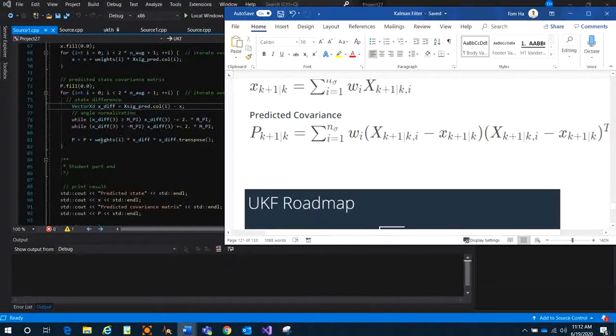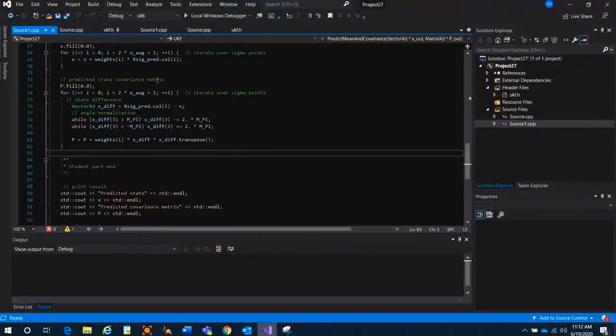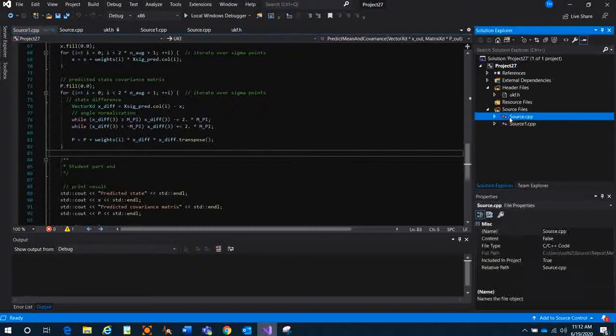You put everything into this formula, with S and the weights right here. Okay, and let's run it to see what they create.